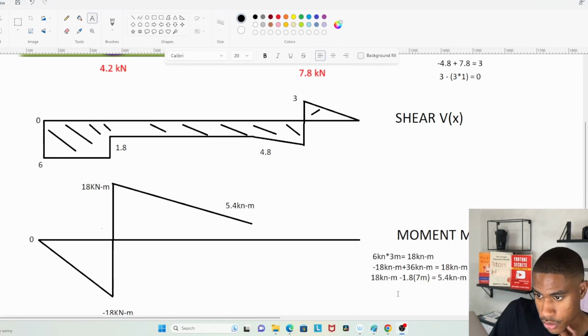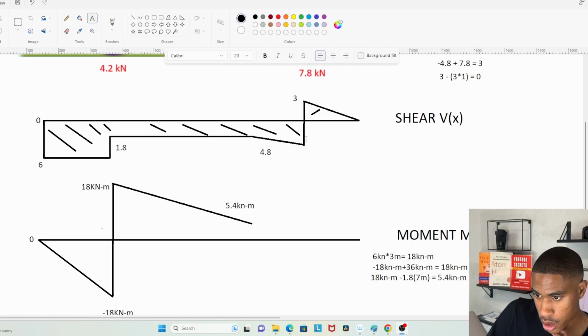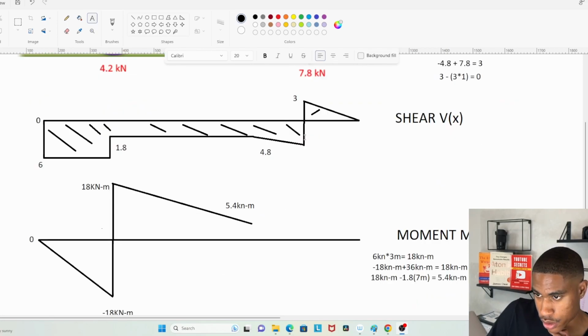So then what we're going to look at next is the area from our distributed load to the roller. And so that is going to look a little funny, but we'll take it one step at a time.